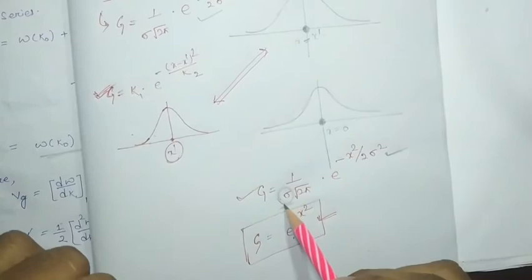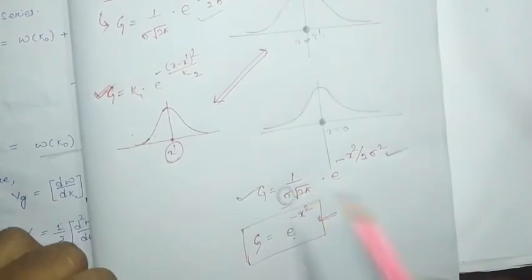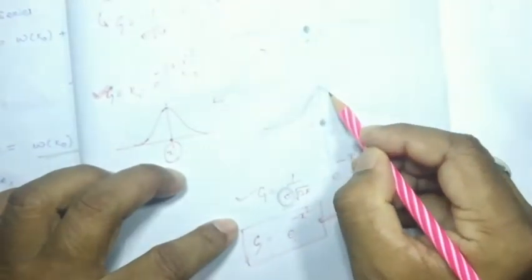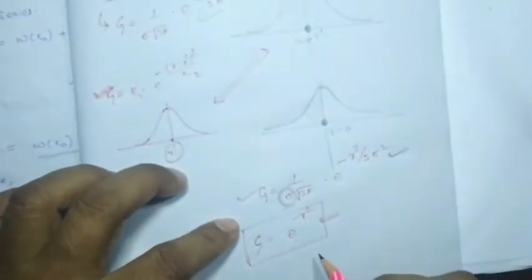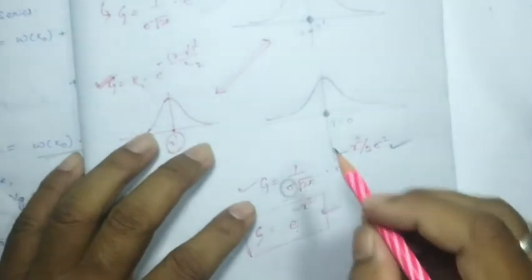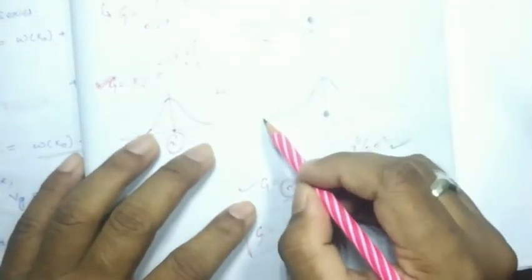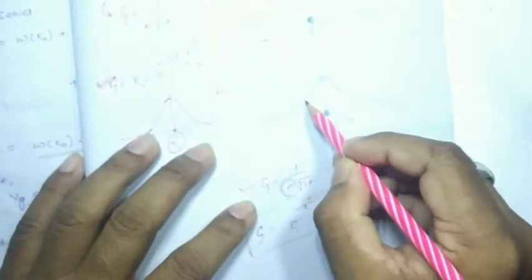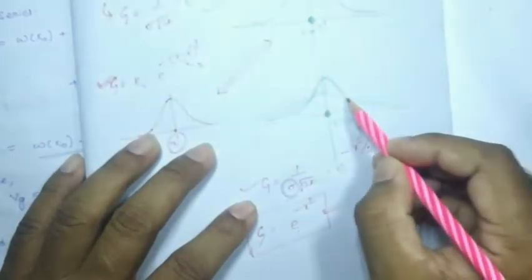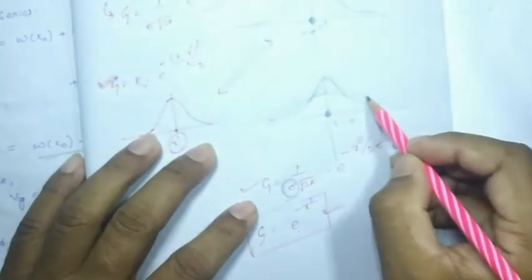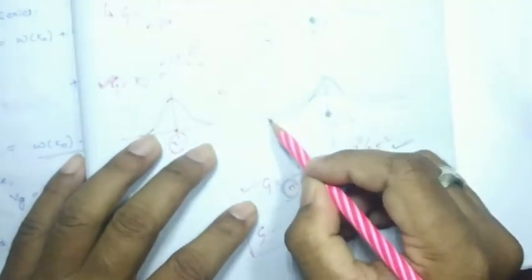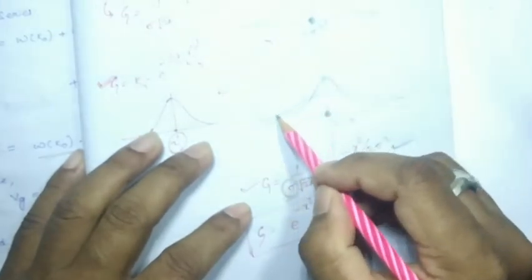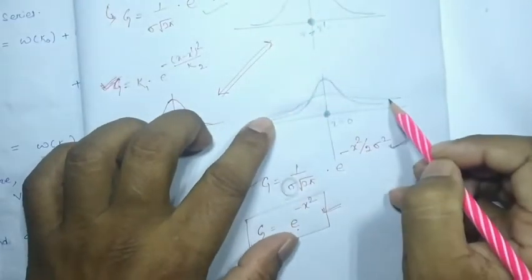So if sigma is increased, suppose for this peak, this is our equation, right? Now suppose we consider another peak like this, which has a decreased peak height, is spread out, and its width has also increased.